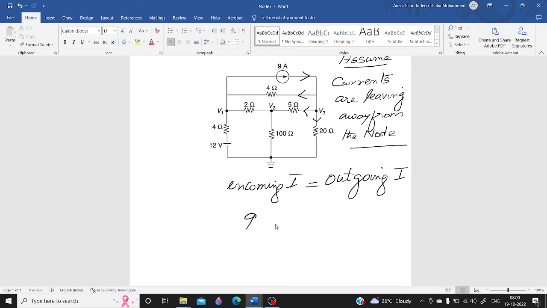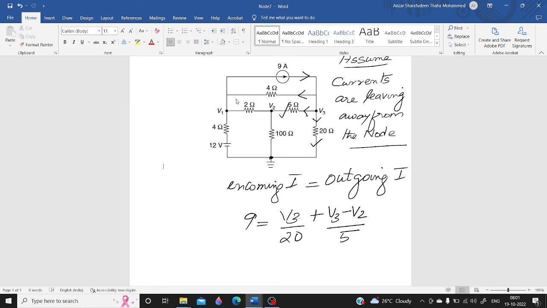The 9 ampere current is the incoming, and for the outgoing current, first let me consider this one: V3 divided by 20. Why V3 divided by 20? Because the other point is at 0 potential, so it is V3 by 20. And now considering this one, plus (V3 minus V2) divided by 5. That is also done.